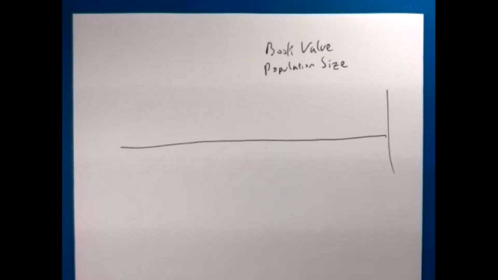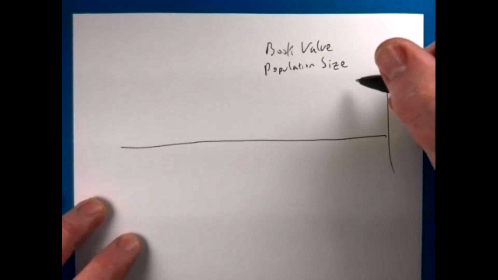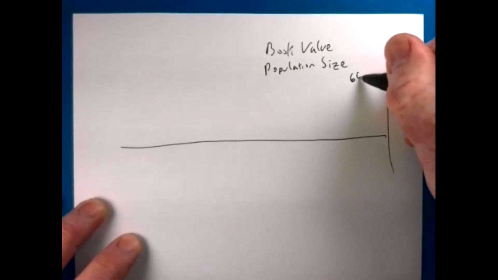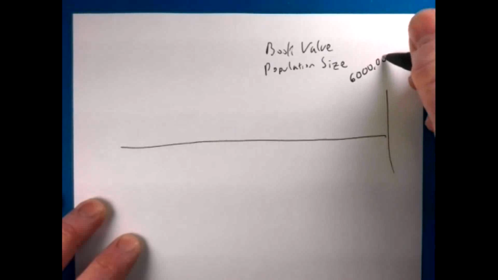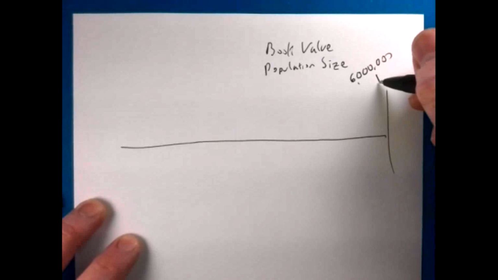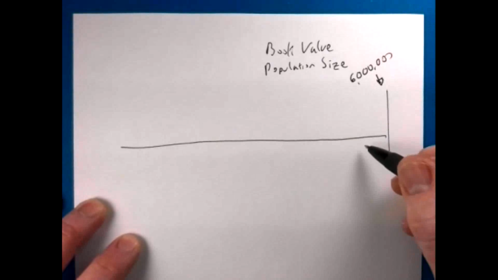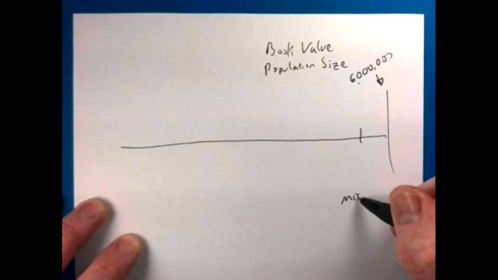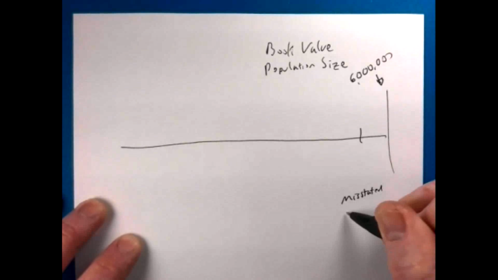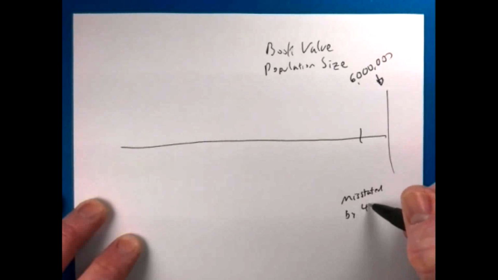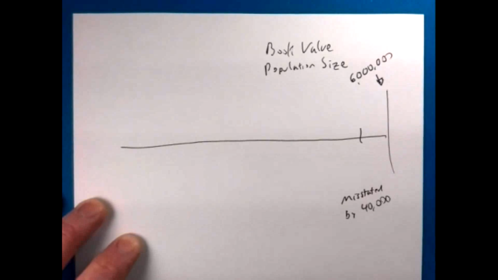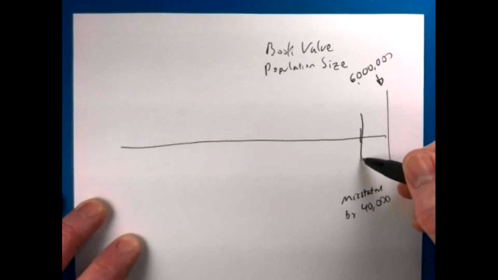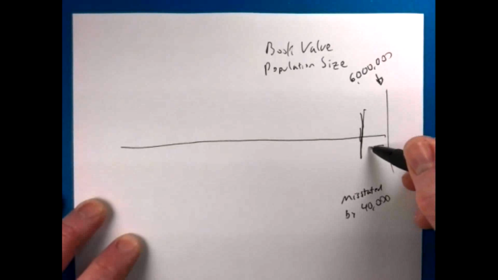Okay, and so here's what we're saying. They're saying that it's on the books for 6 million. We're saying that it's misstated by 40,000. So we're saying it needs to be 40,000 less.